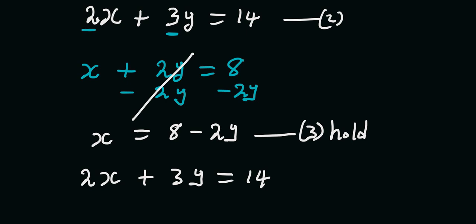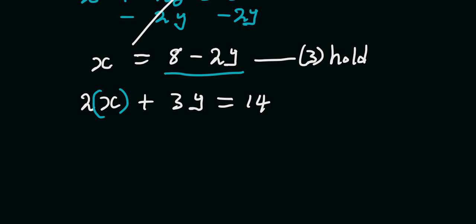Now, because we have made x in equation 1 the subject of the formula, or written x in terms of y, we are going to substitute the value of x that we have here. This is the value of x. We are going to substitute this value into equation 2. In other words, we are going to write this value in this parenthesis.